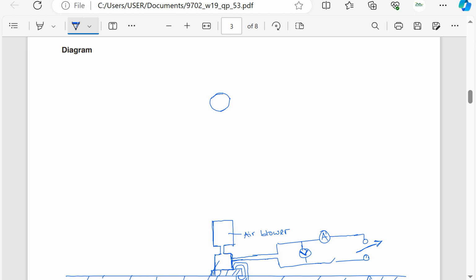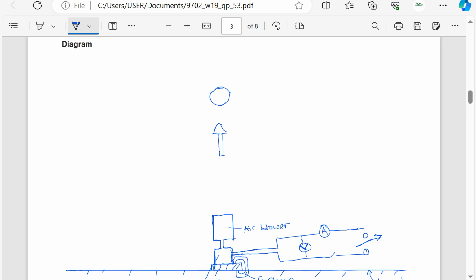So that is going to be the ball. I'll draw just an arrow to show the direction of moving air as it has been done in the diagram. Okay, so this is going to be moving air.